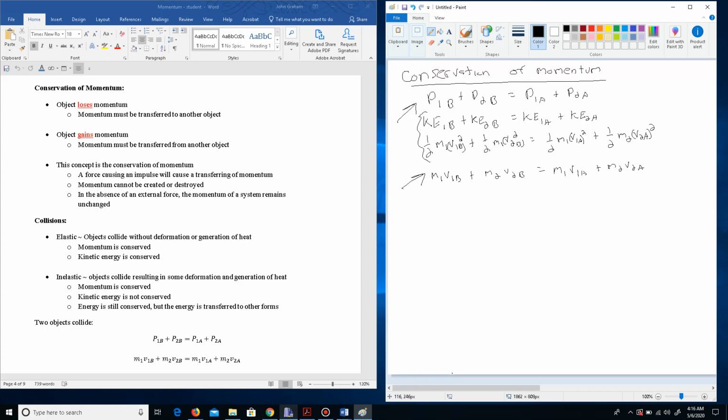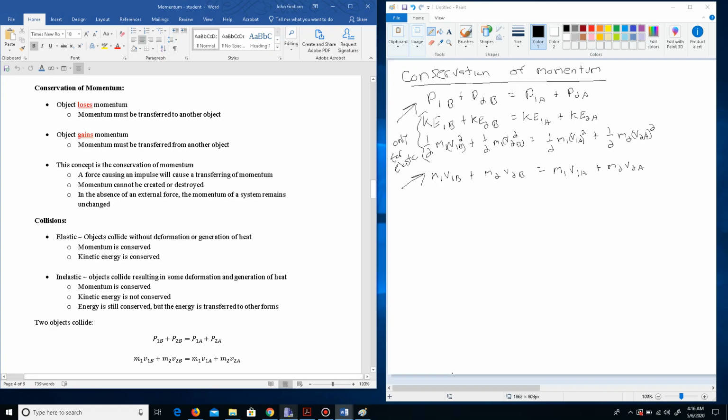These do not. This is only for elastic. Okay. For inelastic, the kinetic energy is not conserved. Energy is still conserved. That energy is transferred into other forms, usually sound, breaking from deformation, generation of heat, things like that.